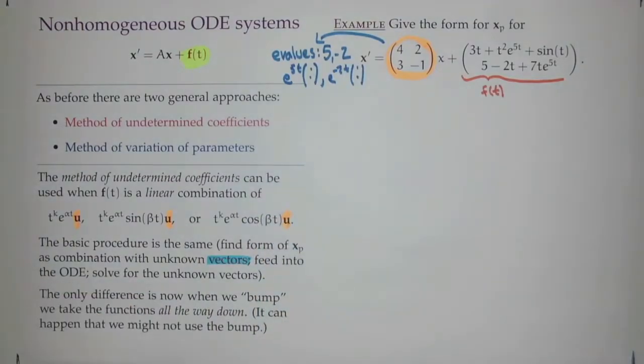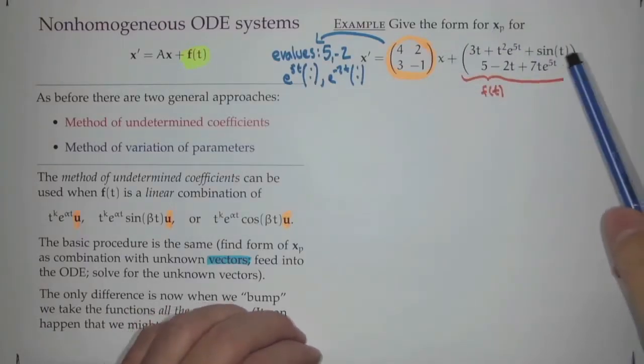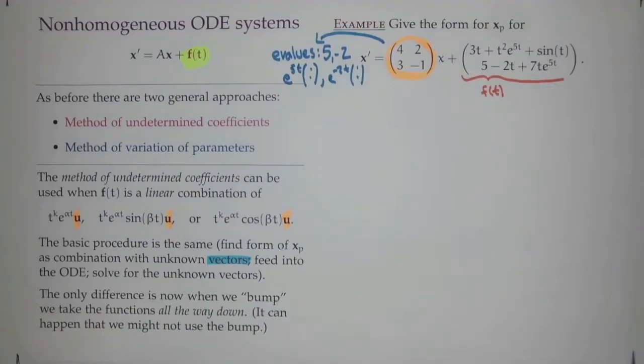Now the first issue is we look at this and ask, is this something where we can use the method of undetermined coefficients? Because right now, f of t just doesn't look like a linear combination of anything. Can we use the method of undetermined coefficients here, or is there something we should do first?